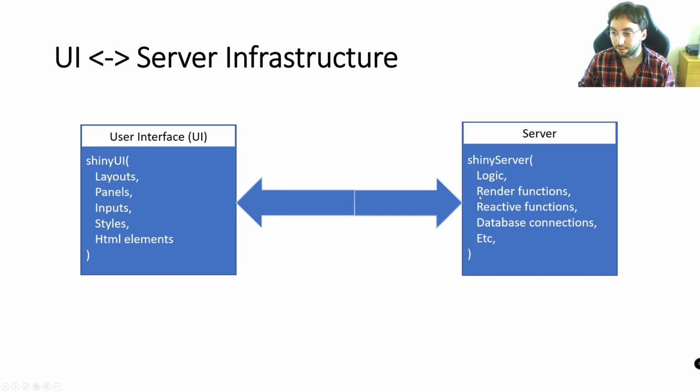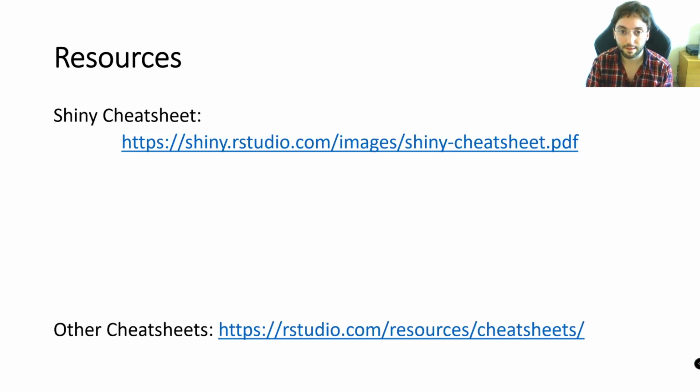It also renders elements, like tables and this kind of stuff that you will render using R, and then you can send those back to the UI for showing. And you have other things such as reactive functions, database connections, and things like this. We'll explore this in a minute. It will make a lot more sense once we practice it.